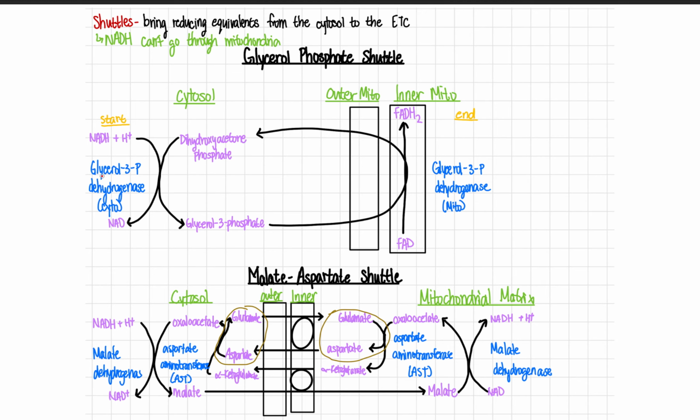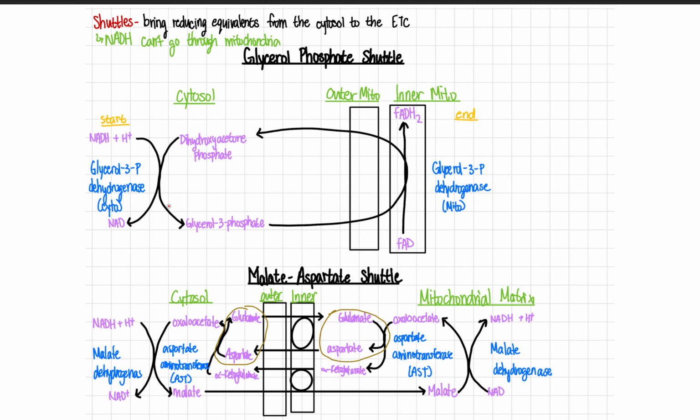So glycerol 3-phosphate dehydrogenase, this enzyme in the cytosol, is going to be responsible for taking NADH to NAD, and also for taking DHAP to G3P. From here, what will happen is that NAD will go on to be reused during the glycolysis pathway or just through various other pathways.